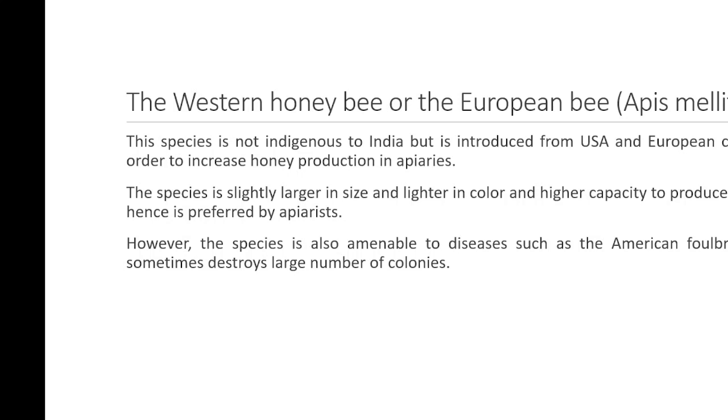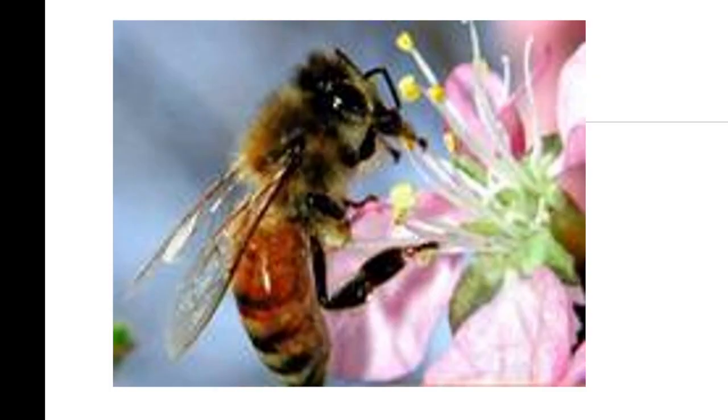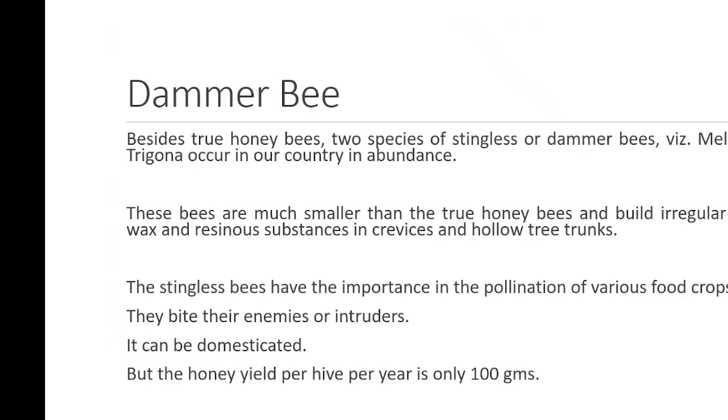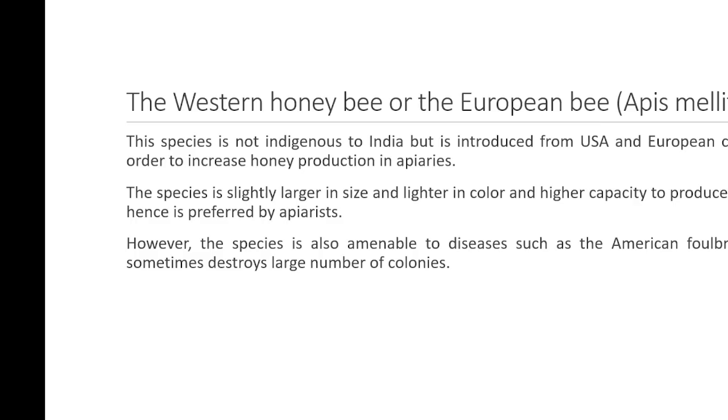Then we have the European honeybee or Western honeybee. This is known by the name Apis mellifera. This is the European honeybee species that we are seeing here. So, Apis mellifera is the species farmers are rearing because they are producing more honey, because of the improved or increased honey production.